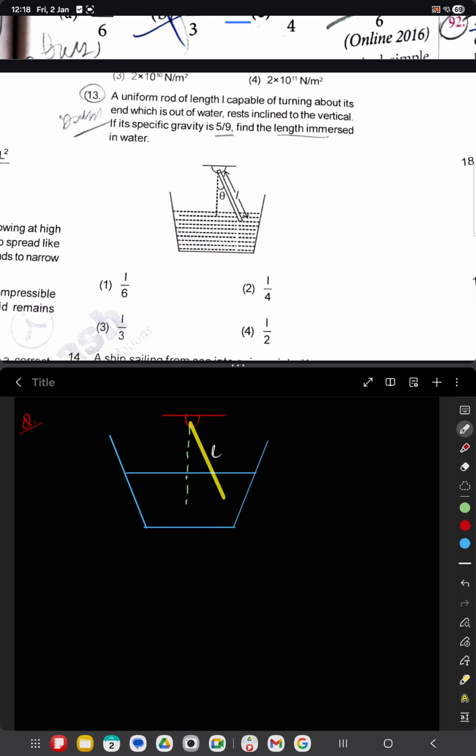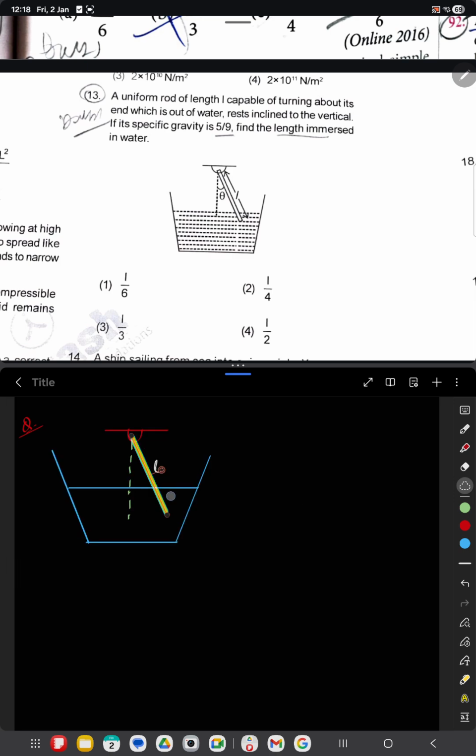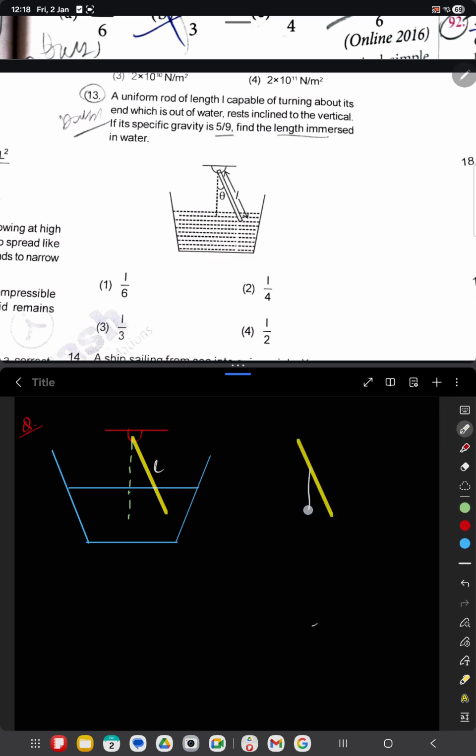So I need to know which forces are acting on it. Let's use some technology. This is mg, right? And buoyant force will act somewhere.